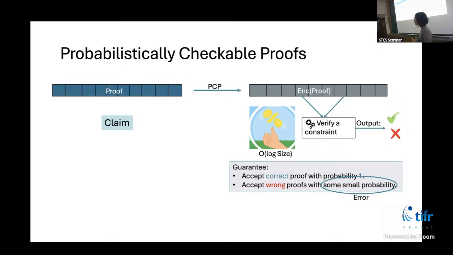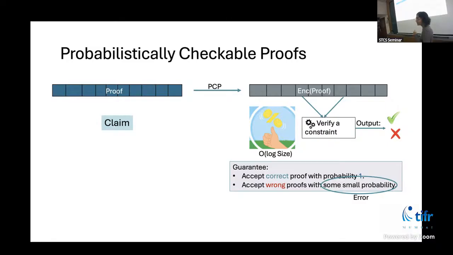But I can do the same thing with one symbol off. How would you accept it? Basically the encoding of a proof is accepted with small probability, and anything close to it is obviously accepted with small probability, but anything far from it is also accepted with small probability. Your constraint may depend on the claim also. Yeah, everything depends on the claims, like the constraints you're verifying.